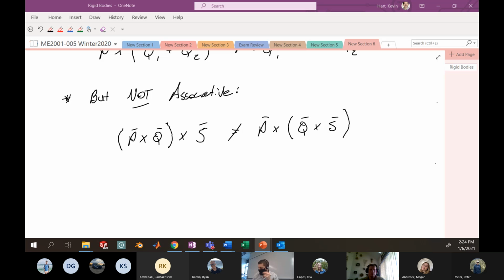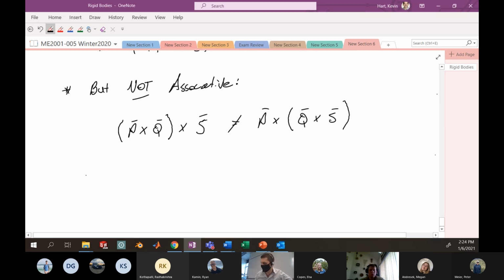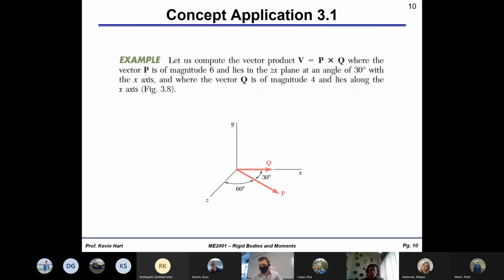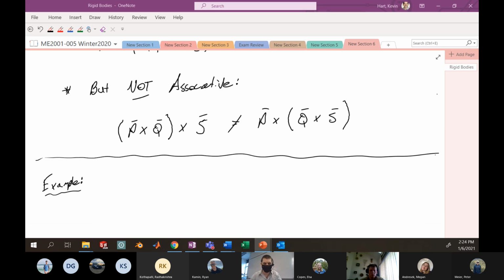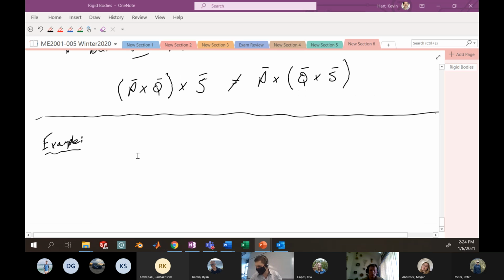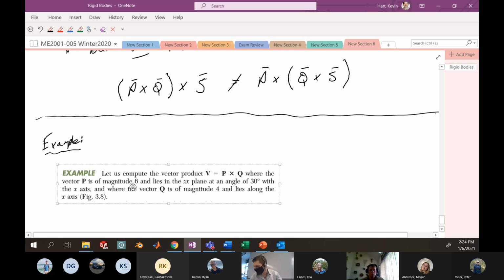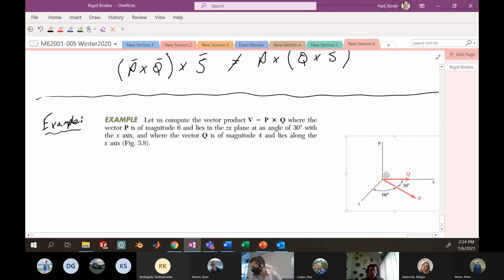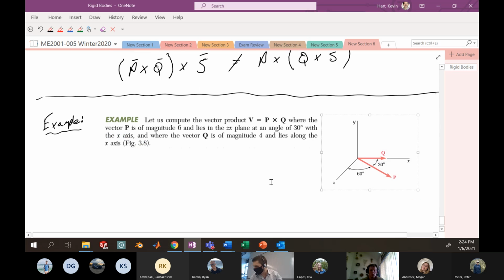Let's do a quick example where we're doing a cross product between vectors and actually using numbers, and maybe bang home some of these ideas and principles. Okay, here we are.